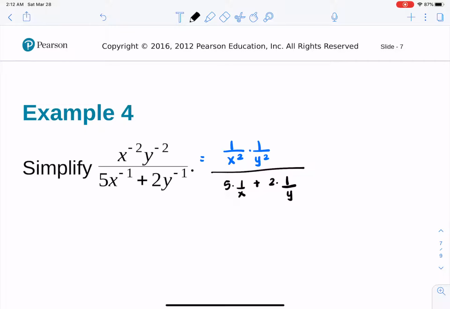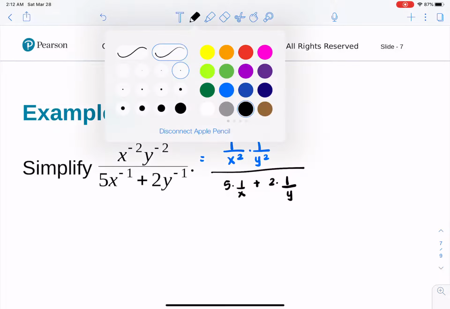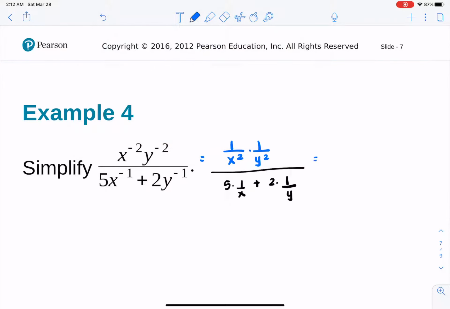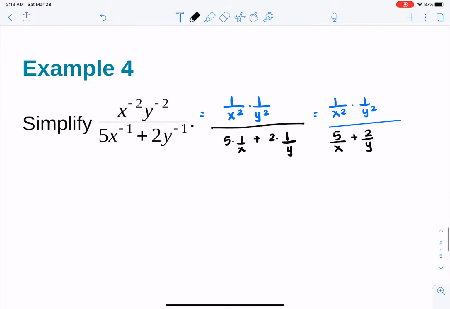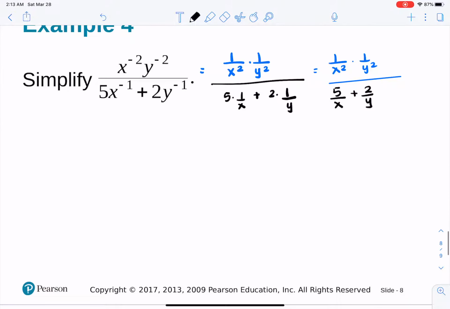The denominator can then be written as 5 over x plus 2 over y. So we have to add two fractions, so we need to find the LCD for the denominator.